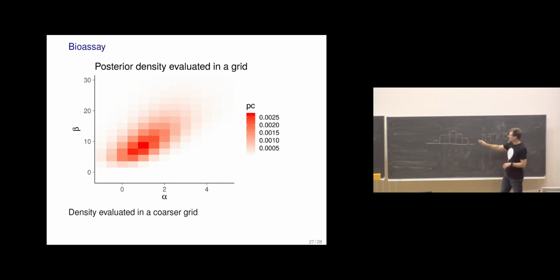Even if the densities in the middle of these bars are unnormalized, we can say that these values have to sum to 1.